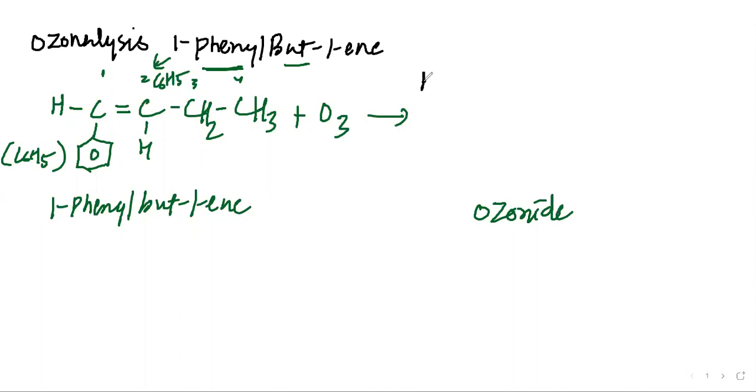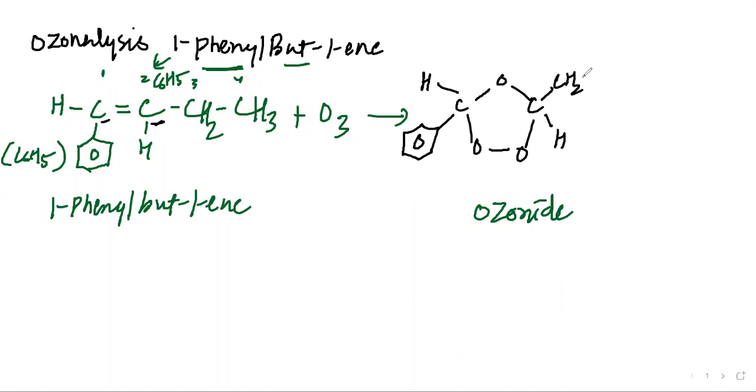First you have H, then you have this carbon that is doubly bonded, then you have a phenyl ring over here, which is bonded to the carbon in this manner. Then again the second carbon has got one hydrogen and it has got CH2 and CH3. This is how, my dear students, we can understand.